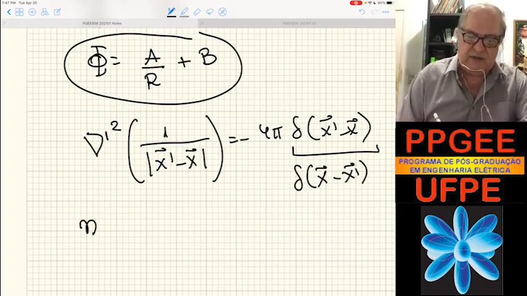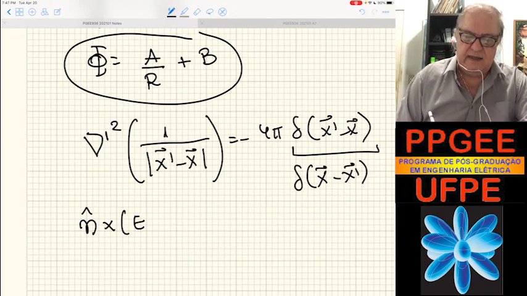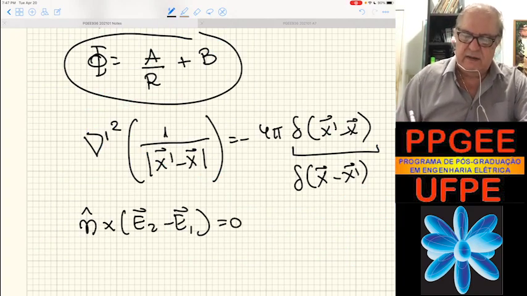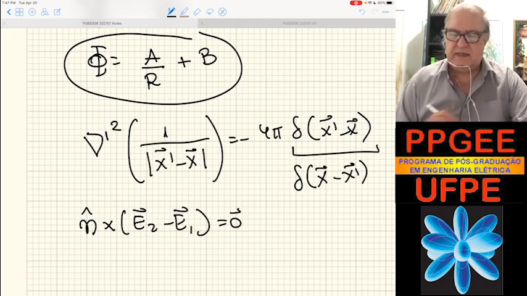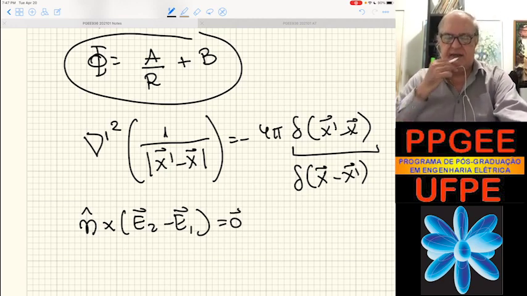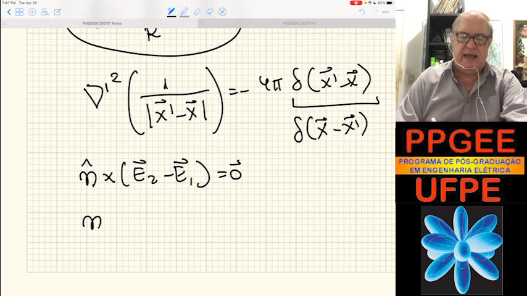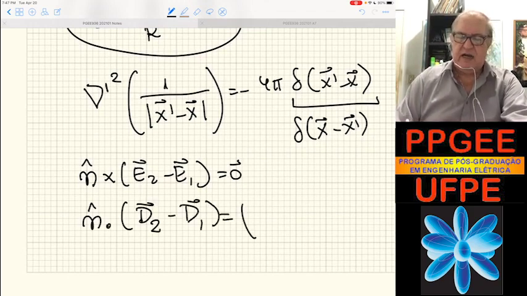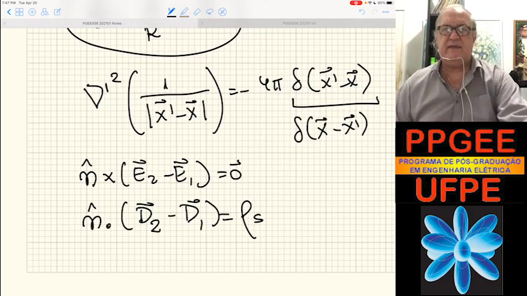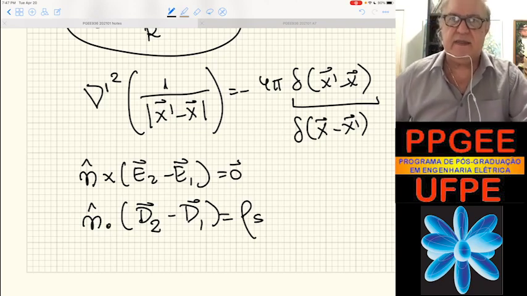So one condition is this one, n cross the difference vector equals 0. So tangential E, I'm going to put it like this because there are three equations here. The other one is n dot (D2 minus D1) is the surface charge density if there is any present in the problem.